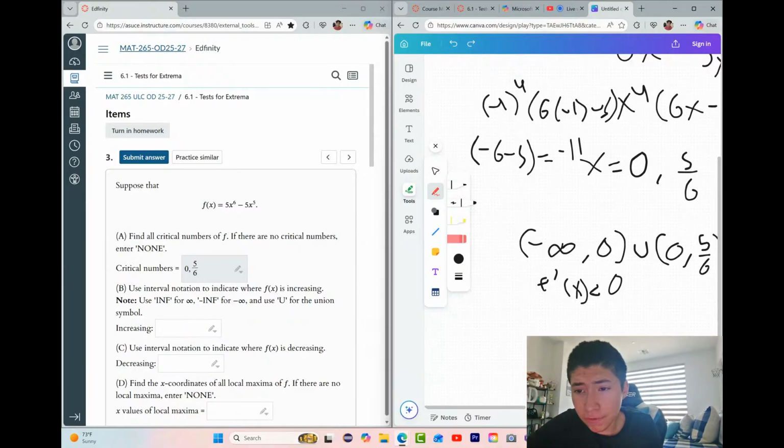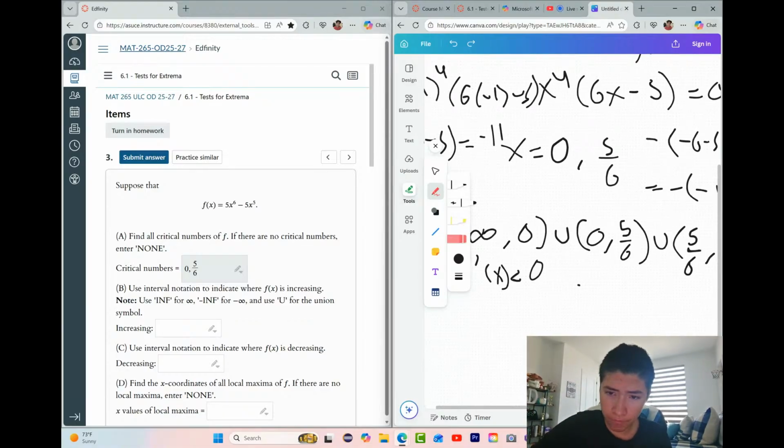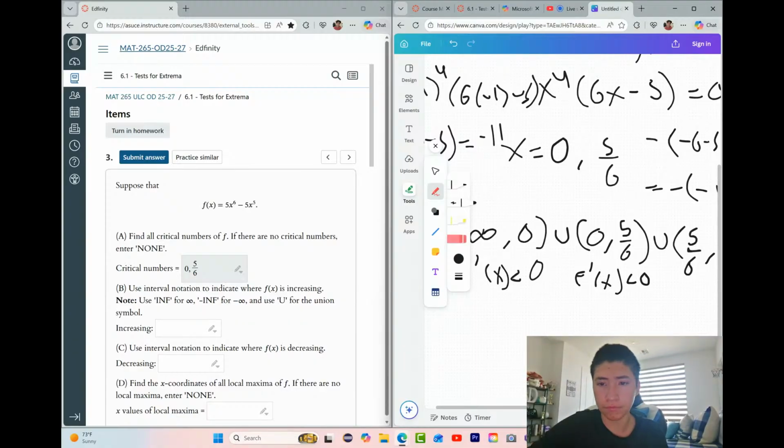We get a positive times a negative, so we're going to get negative there. So this is going to be f prime of x is less than 0.